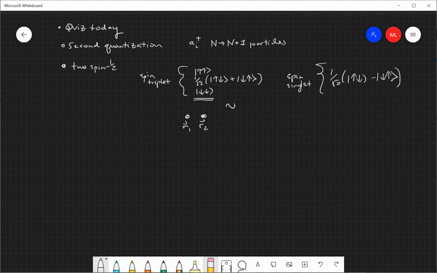So we know that the total wave function for the 2 particles in this case is a product of the spin triplet piece, and then it has to be an anti-symmetric combination of the spatial wave function. So if these are some energy levels, then you have to.